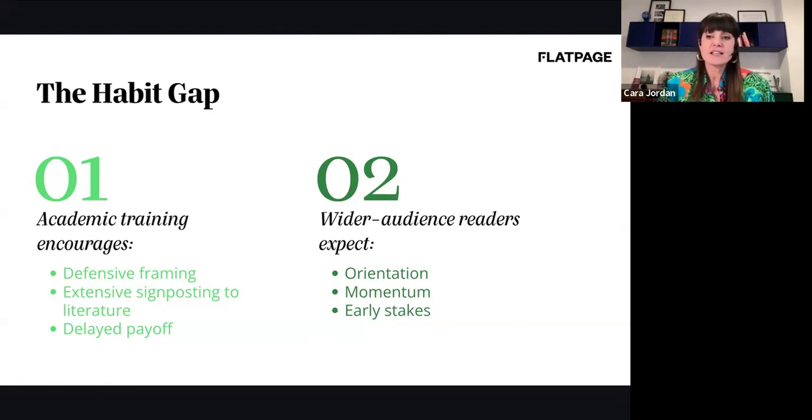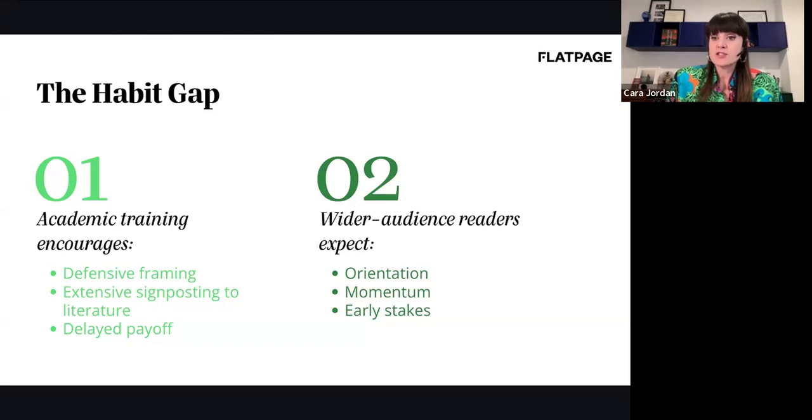In academic writing, this shows up as careful qualifications, hedging, and preemptive positioning against possible critics. And this makes sense when you're writing for evaluative readers like peer reviewers, whose job is to judge whether or not your claims hold up. But for general readers, this can feel like distance or uncertainty before they've even understood what you're trying to say.